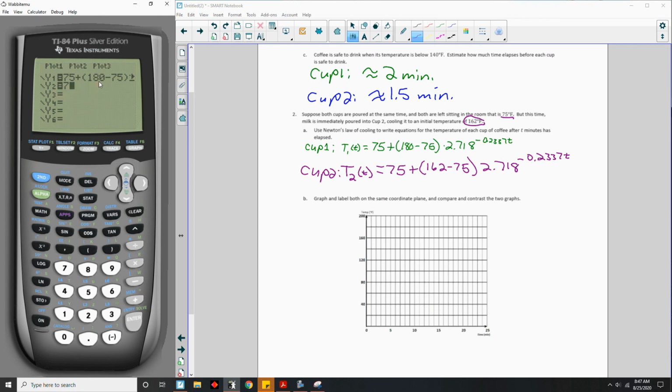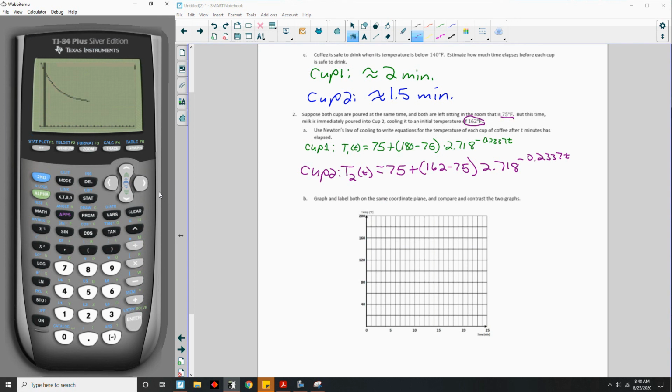So this time I'm going to say 75 plus 162 minus 75 times 2.718 to the power of negative 0.2337 x. Now I'm going to graph.